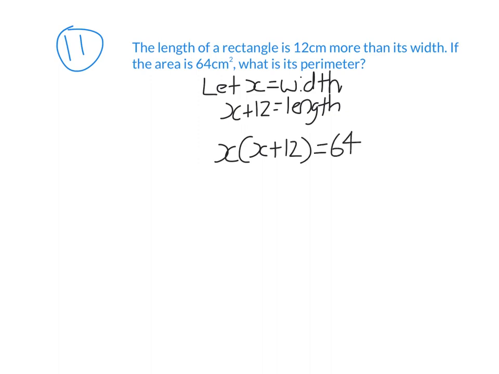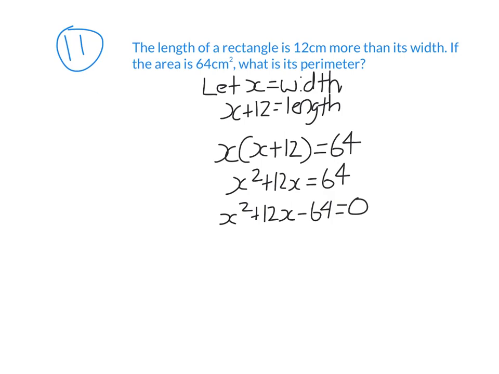So now you know how to do this. We expand the brackets and we need to make one side equal to 0. So when you get to this point, you can once again use factorization or the quadratic formula. I'm going to use factorization. 2 numbers that multiply to negative 64 and add to 12. So that will be negative 4 and positive 16.